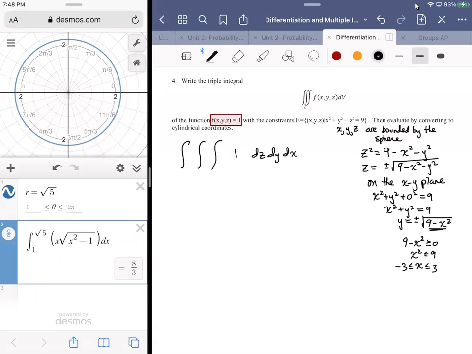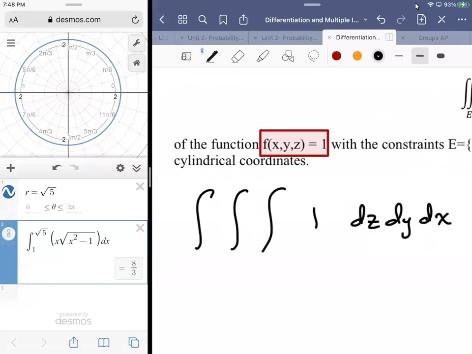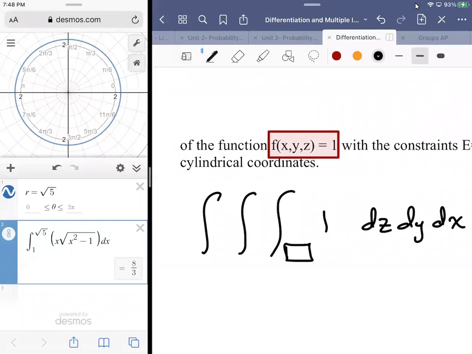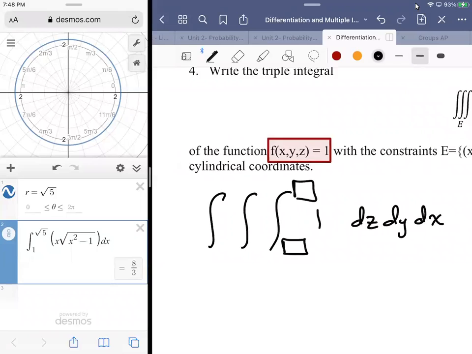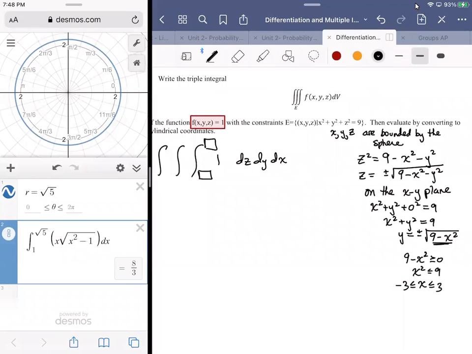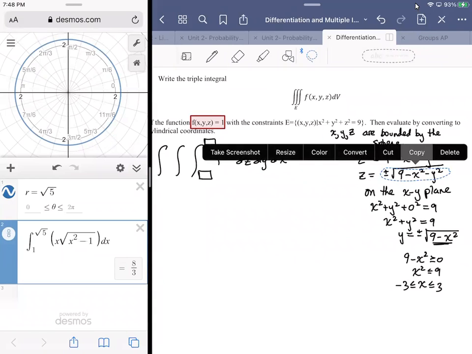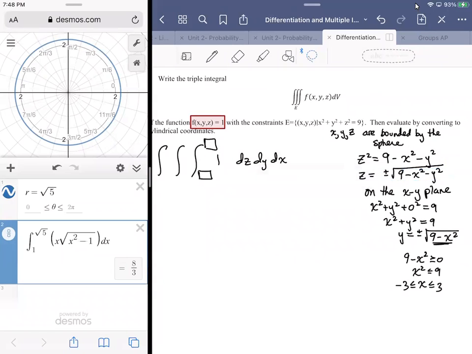And so you get all those bounds. We'd have to put all those bounds in, so I'll just give you the short version of it now. I'd have to put the z bounds here and here. That's that whole z equation, the negative and the positive. So that would be my low bound.